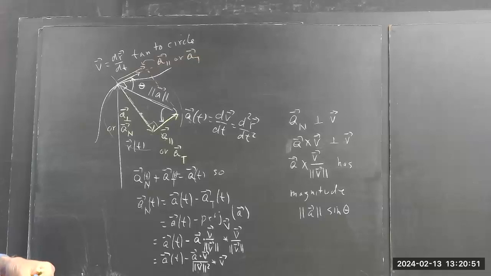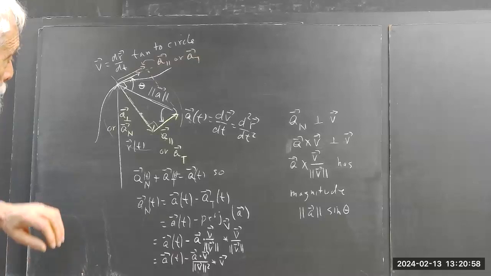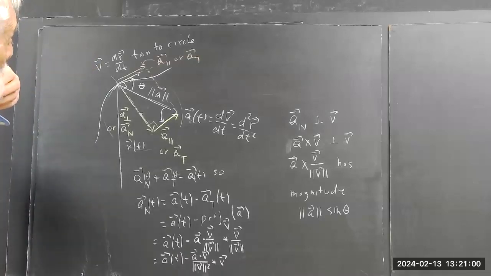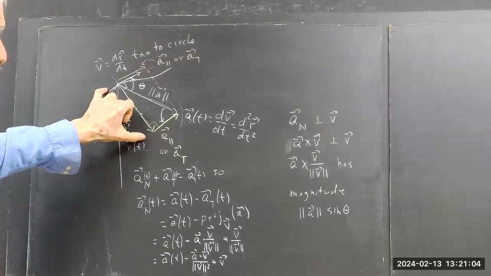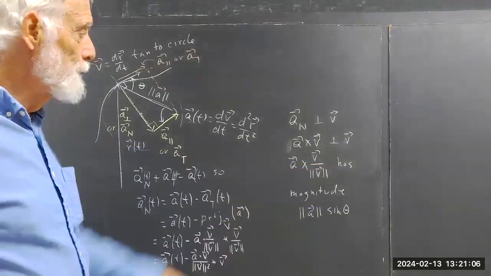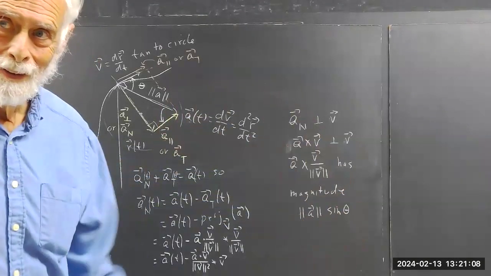Well, that has this side of the triangle. The magnitude of this is the magnitude of your normal vector.